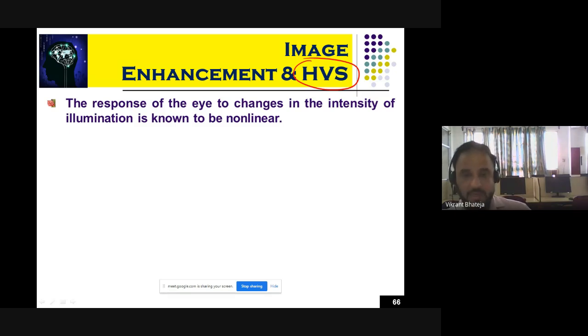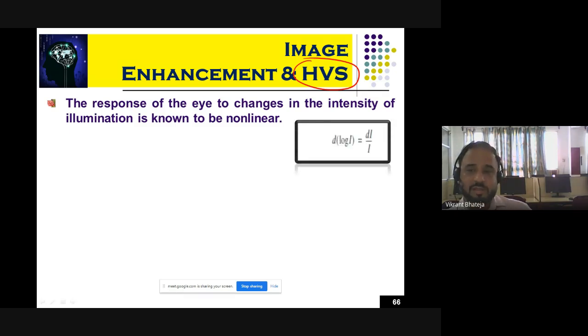If we just go back and see, the ratio of these intensities in the image formation on the retina is related by a logarithmic factor, and log is certainly a non-linear component. So because the image formation process on the retina follows a logarithmic, non-linear pattern, we certainly draw the same clue when we are designing display devices also.